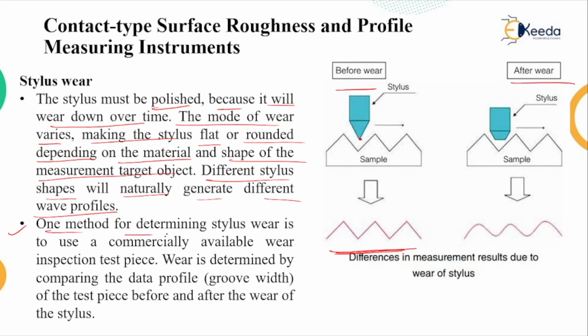One method for determining the stylus wear is to use a commercially available wear inspection test piece. Wear is determined by comparing the data profile, that is the groove width, of the test piece before and after the wear of the stylus. So that is one method of finding the stylus wear.